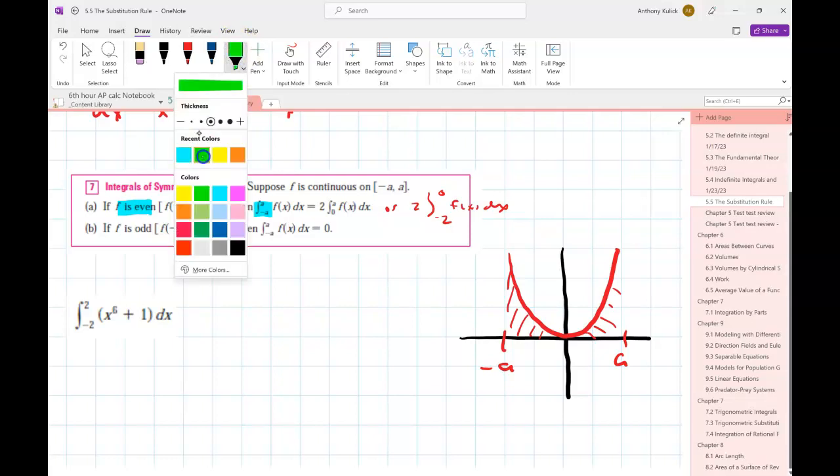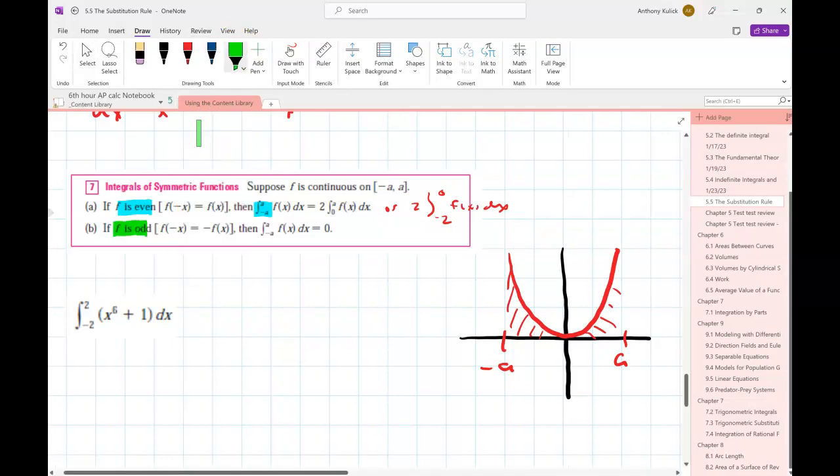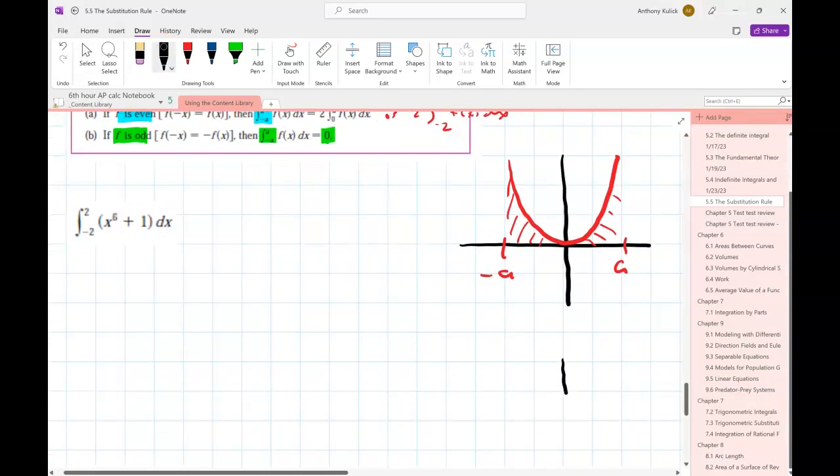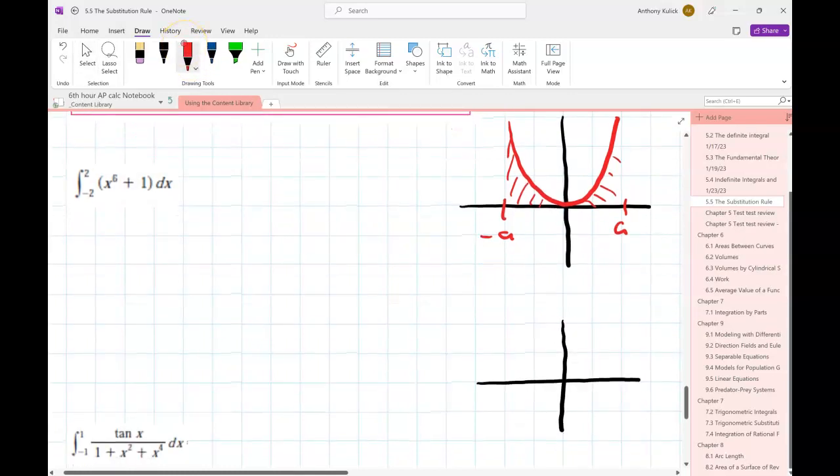The other part of this theorem says that if f is odd, again, we're integrating from negative a to a, it's just going to be 0. Again, to remind you why that's the case, an odd function has that 180-degree rotational symmetry about the origin.